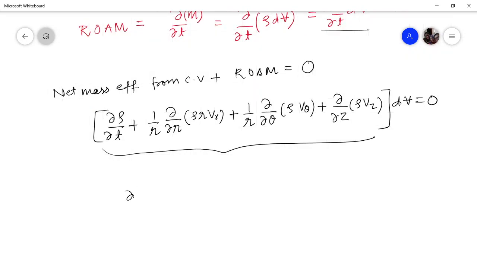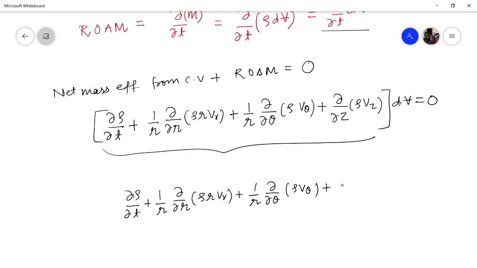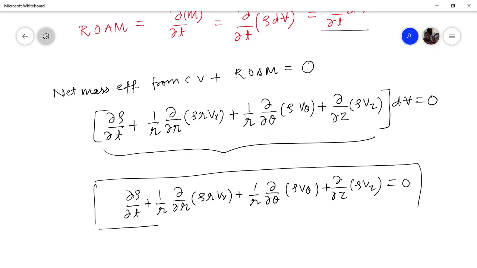Therefore, the continuity equation in cylindrical coordinates will be del rho by del t plus 1 by r del by del r of rho r vr plus 1 by r del by del theta of rho v theta plus del by del z of rho vz, and that is 0. So friends, this is how we can derive the continuity equation, or the mass conservation equation, in cylindrical polar coordinates from first principles.